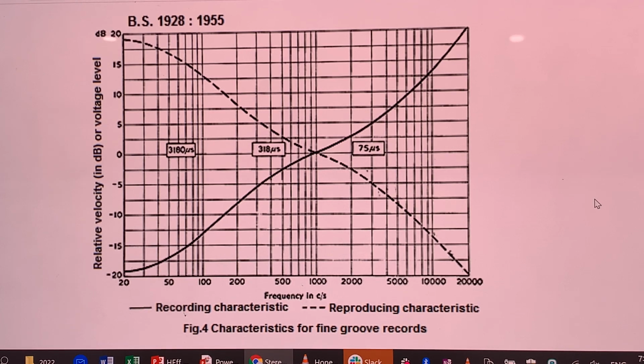And actually this has a lot of advantage. I'm going to touch on this later on.